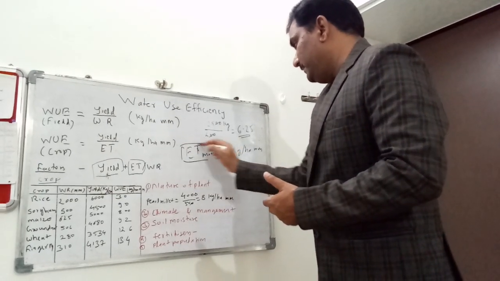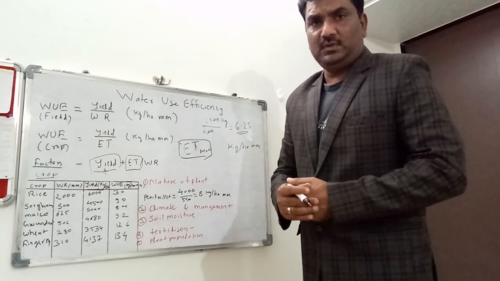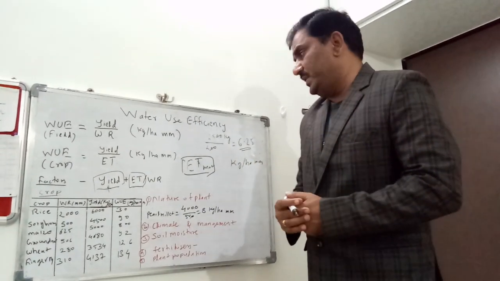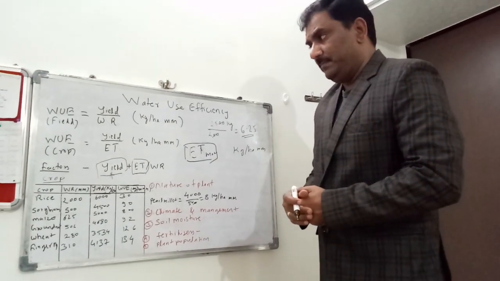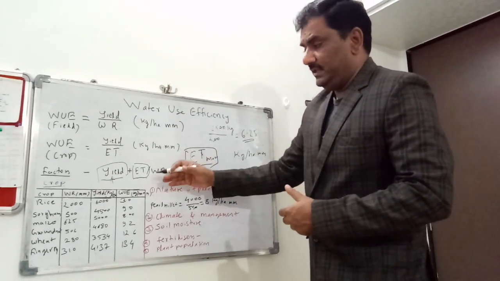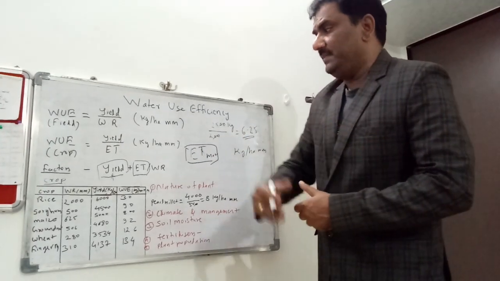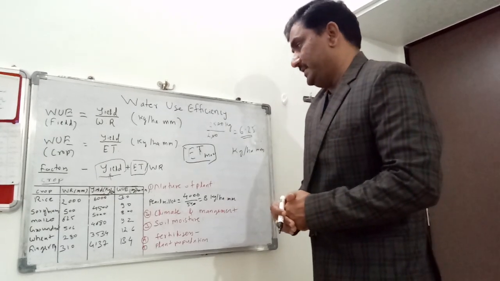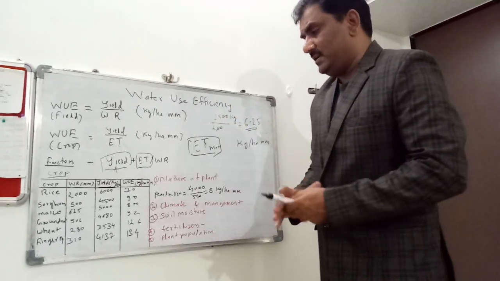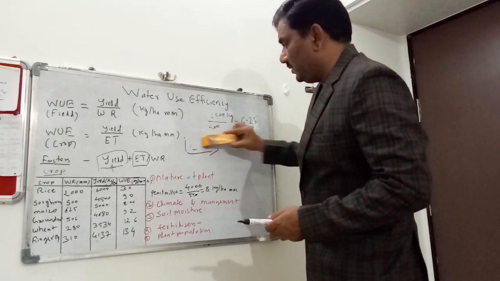It means that increasing or lowering ET has a tremendous effect on yield. If it is quite low, we will get low yields. But if it is more, then it has less effect on the yield. So we have to see what ET should be there to have maximum crop growth.